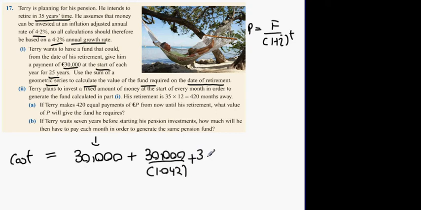At the start of year 3, this 30,000 is 2 years away, so it's divided by 1.042 squared. Then you have a sequence until the last year, where it is divided by 1.042 to the power of 24, because this amount of money will be 24 years from now, and it therefore costs a lot less today.